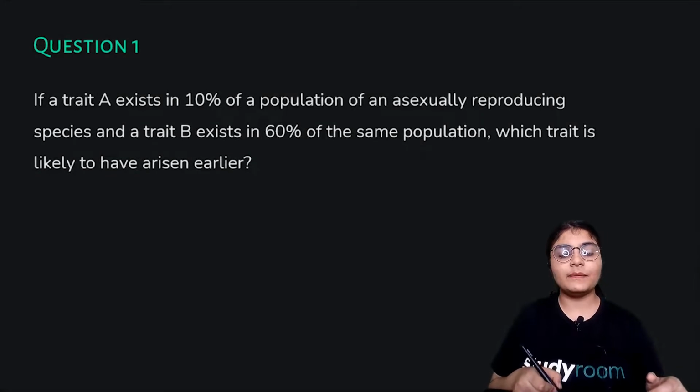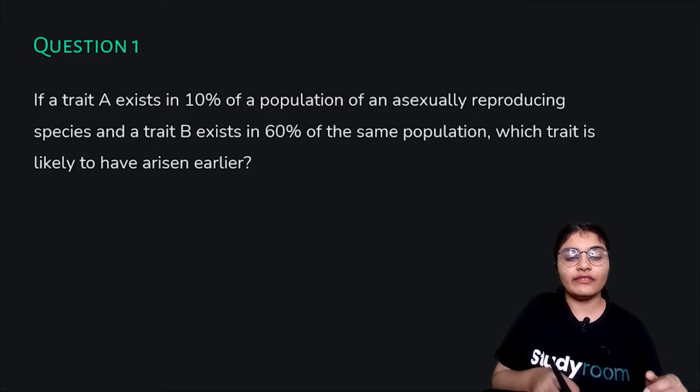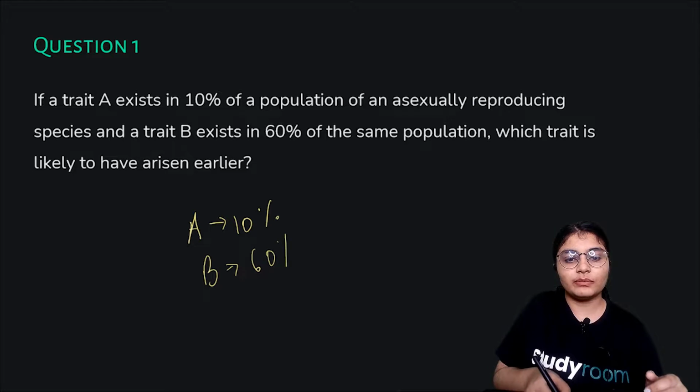Now let us study the in-text questions and answer them. So the first question is, if a trait A exists in 10% of a population of an asexually reproducing species and a trait B exists in 60% of the same population, which trait is likely to have arisen earlier? So trait A we have in 10% of the population, and trait B we have in 60% of the population.